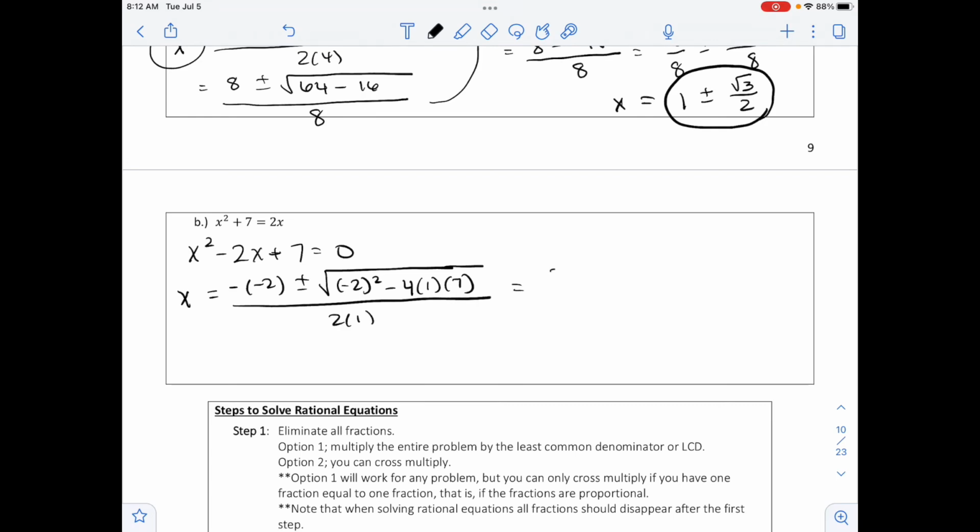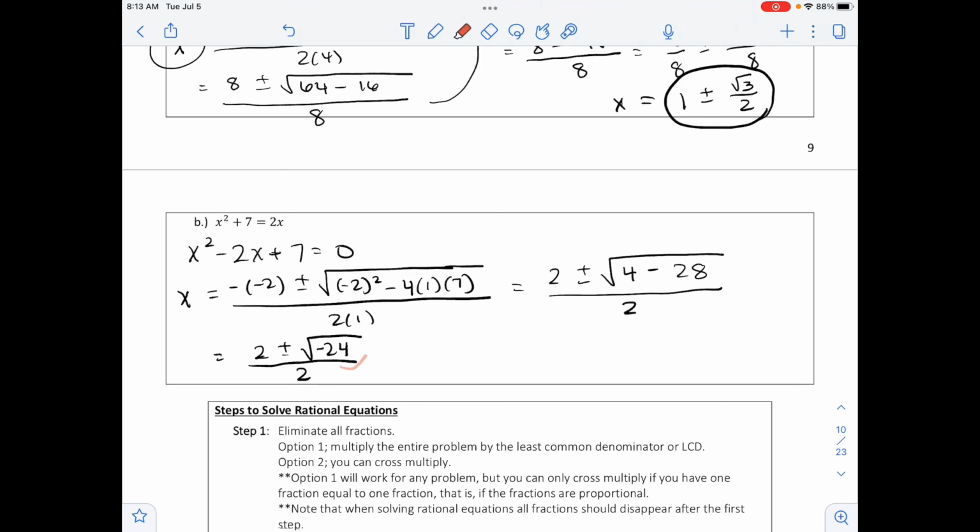So from here we have 2 plus or minus the square root of, and we have -2 squared, which is 4, minus 4 times 7, which is 28, all over 2. And continuing to simplify this, we have 2 plus or minus the square root of, and 4 minus 28 is -24, all over 2.